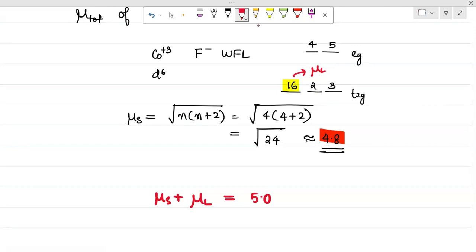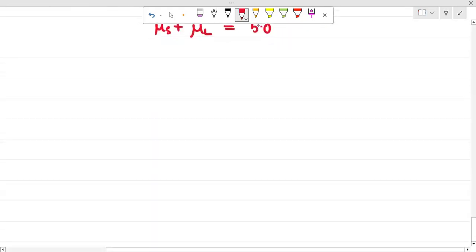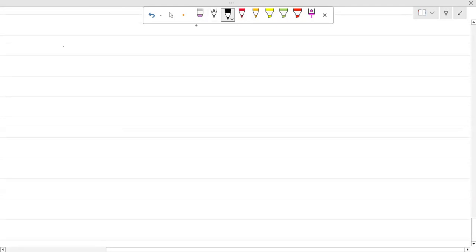I had one more question which was asked. In that question, different configurations were given. The question was on spin orbit coupling.